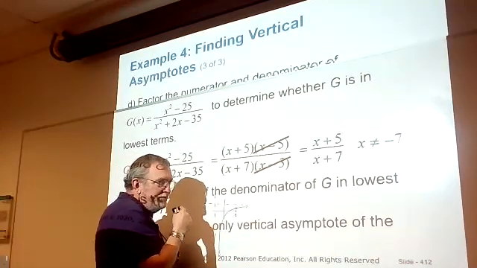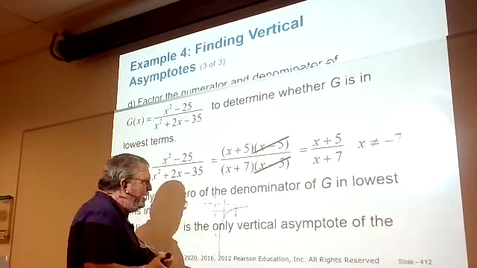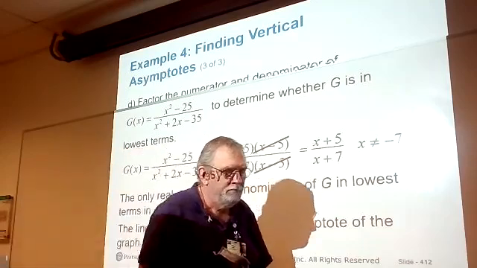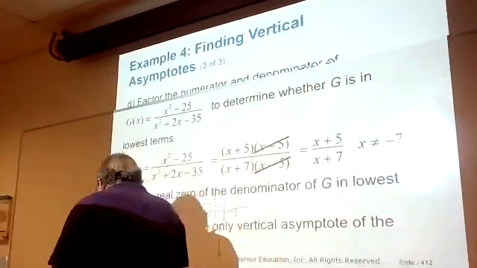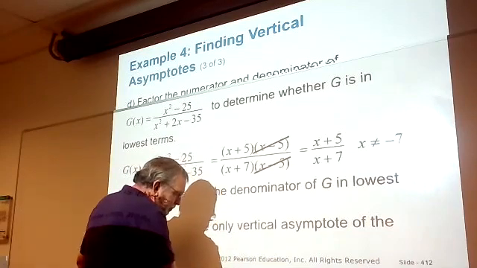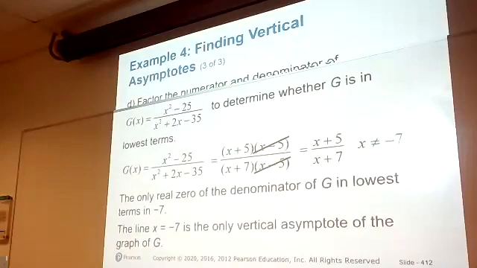But once you get to 5, it's no longer there. Poof, it disappeared. So that would give us an open dot on the graph. You will see those in the homeworks. You will see them in examples that I give you, but you won't see them on the test. So it only has one vertical asymptote, that's negative 7.